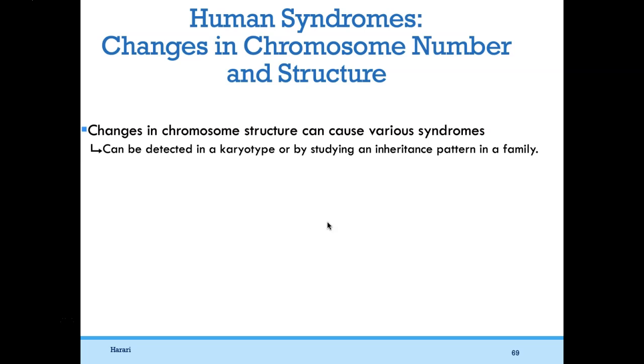The way you can diagnose or detect a syndrome is by laying out all the chromosomes of an organism, right? So in a baby, or in a fetus, I should say, it's possible to take fetal cells from the mother while she is still pregnant, and you can look at the baby's karyotype.